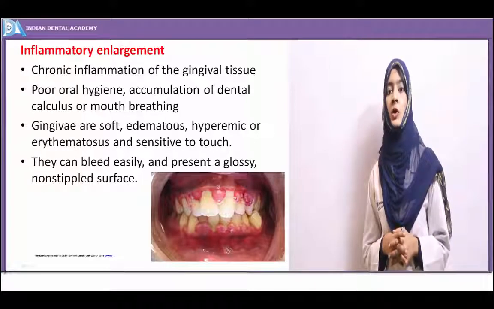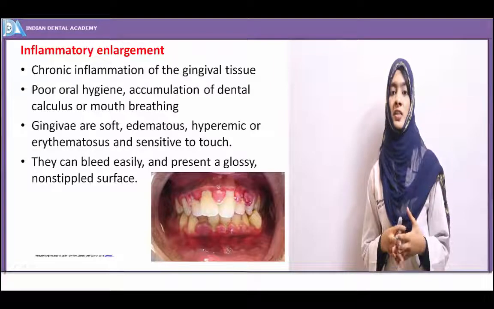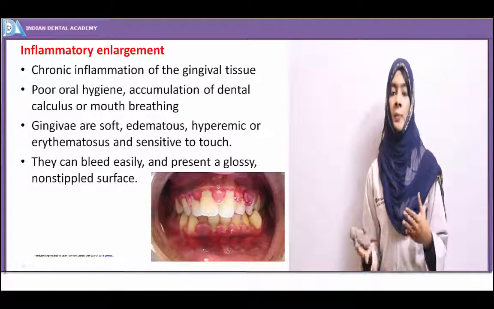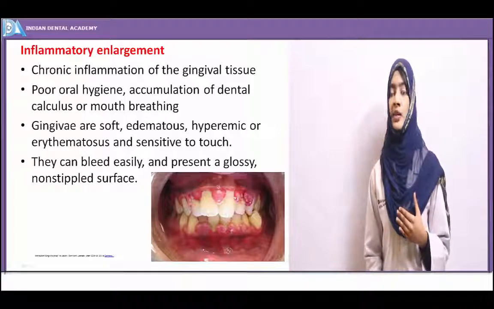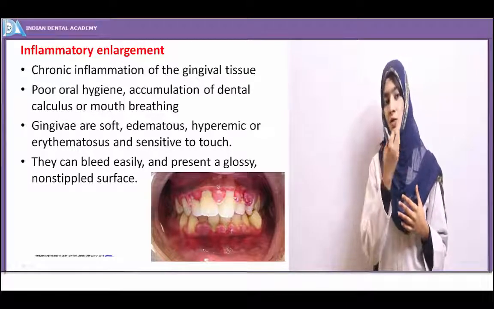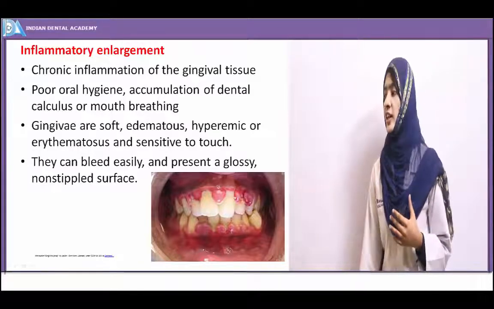All these are predisposing or etiological factors. Once the inflammation is already present, and the individual is not maintaining his oral hygiene and has a mouth breathing habit, it predisposes to extreme dryness of the oral cavity. The inflammation progresses to the extent of enlargement.